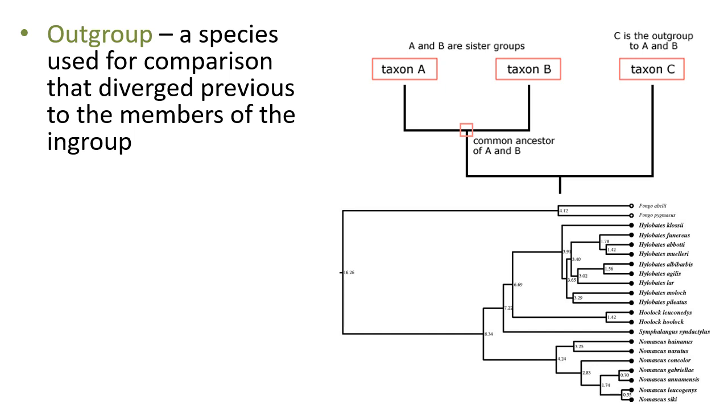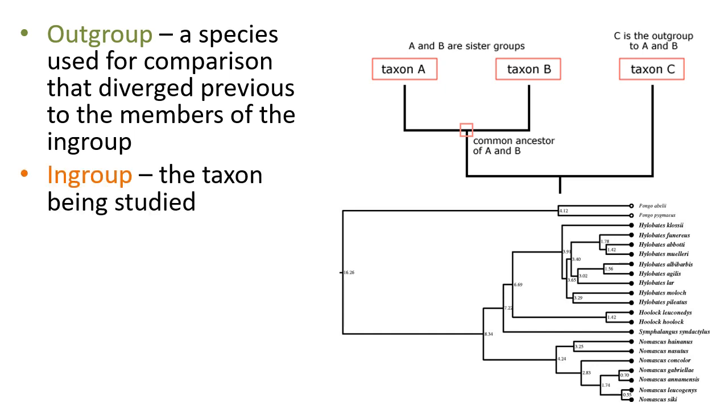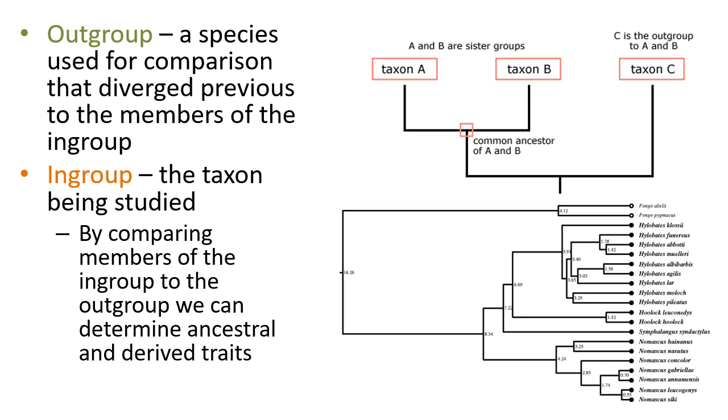Well, let's say A and B have sharp teeth and C does not. Then we could say that must be a derived character shared by A and B, which is different from the outgroup. So the in-group is the taxa being studied, and the outgroup is the one used for comparison. I just did that comparison to show how we could use characters to do that.